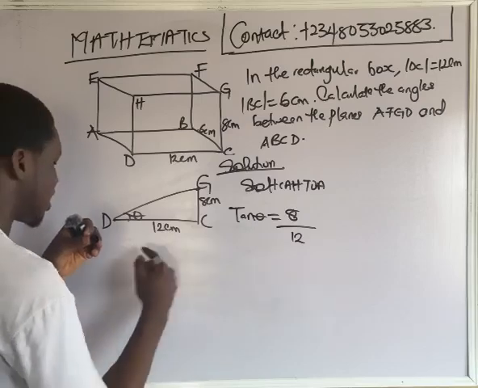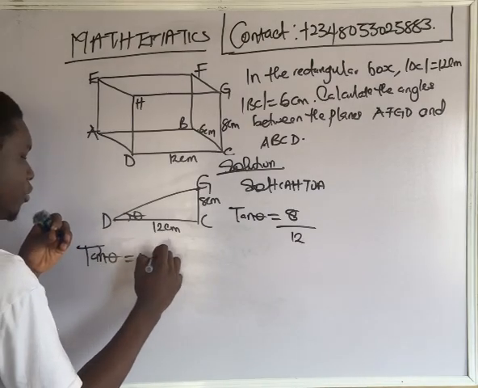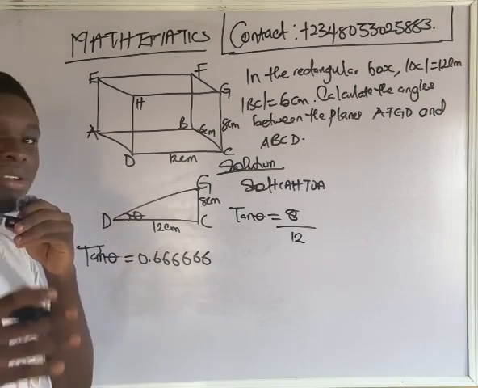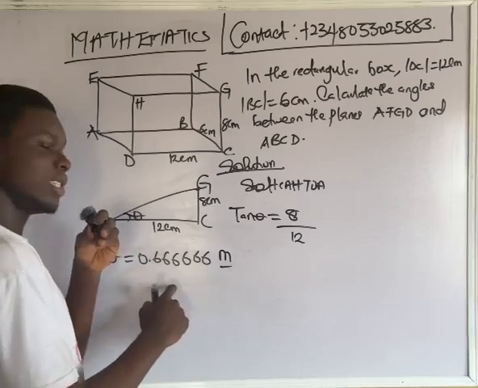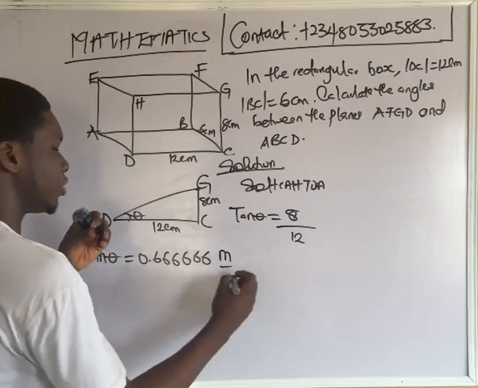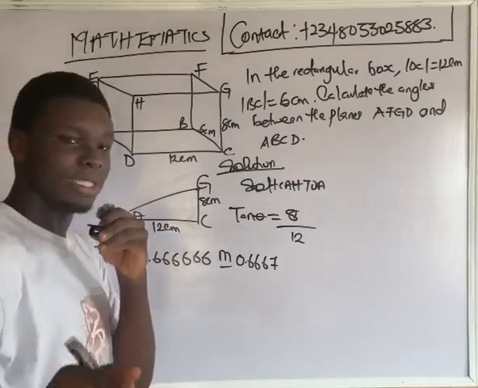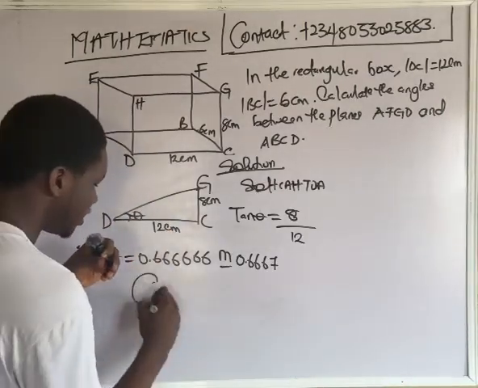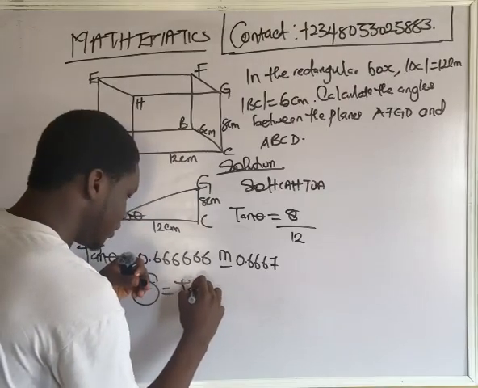Now if we divide it with our calculators, we get tan theta is equal to 0.666666. As you can see, it is a recurring decimal, right? So we approximate it to 4 decimal places. So we have 0.6667. That's 4 decimal places, right? So now we have theta. Theta will now be equal to the inverse tan of this particular value.